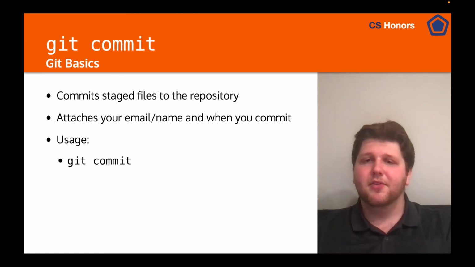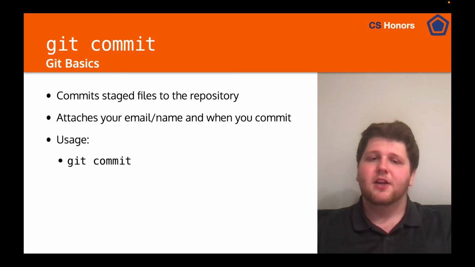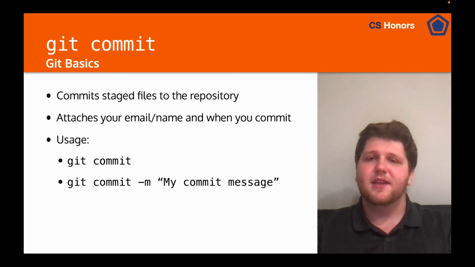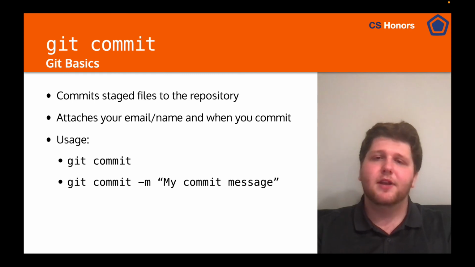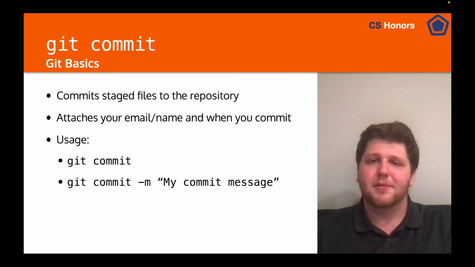Now, this can be cumbersome if you want a one-line commit message, so what a lot of people will do is use the -m flag and put the commit message in quotations. What this will do is tell Git, hey, don't open up that editor, just take what I put in quotations as the commit message, right? So if you want to make a quick commit, this is all you have to do.